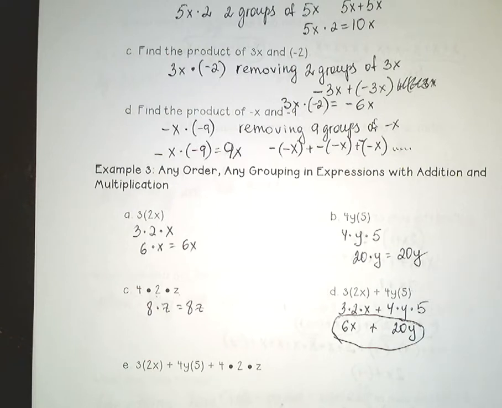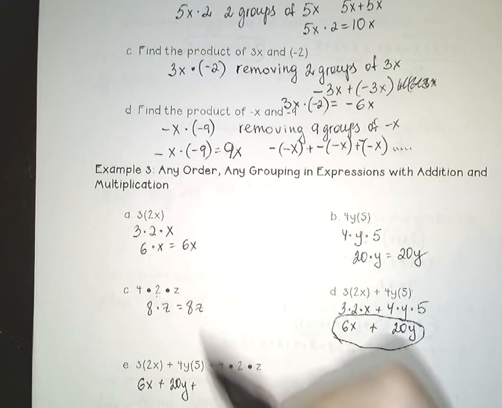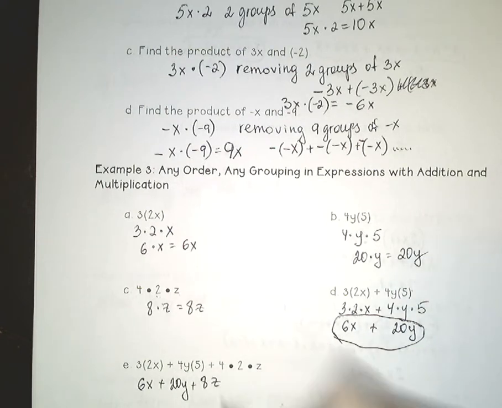That's all it is. Okay. 3 times 2x is 6x, plus 20 times y is 20y, plus 4 times 2 times z is 8z. I cannot do anything else because there are 3 terms separated by the plus sign. They're not like terms. That's my regular standard form.